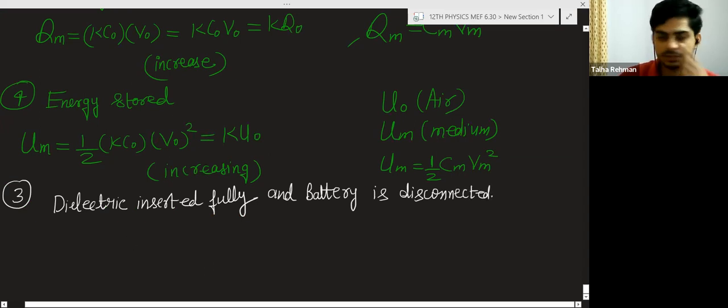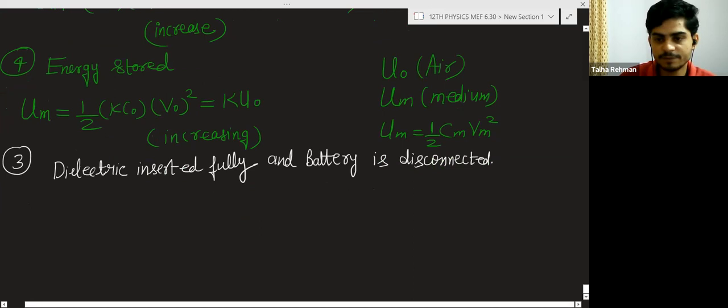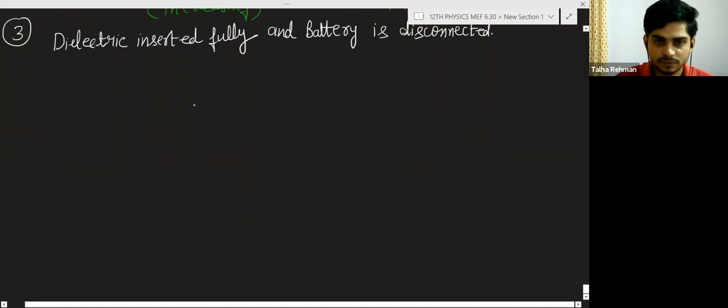So the battery is disconnected, what will happen? This is the parallel plate capacitor, and someone has taken out the battery from it.